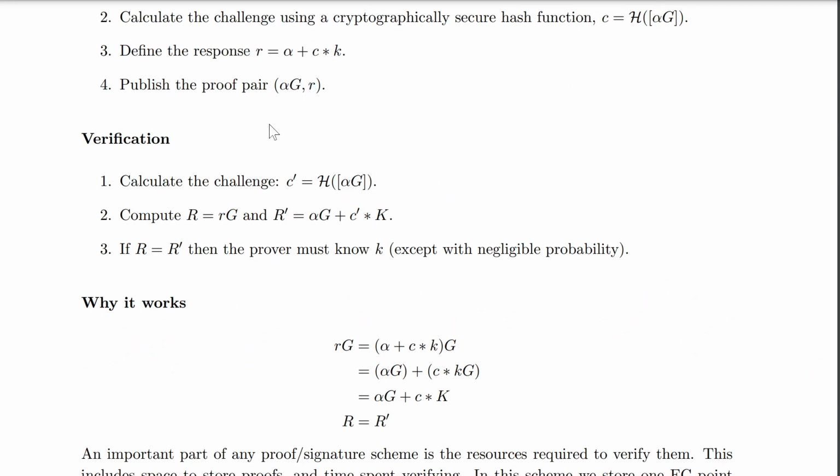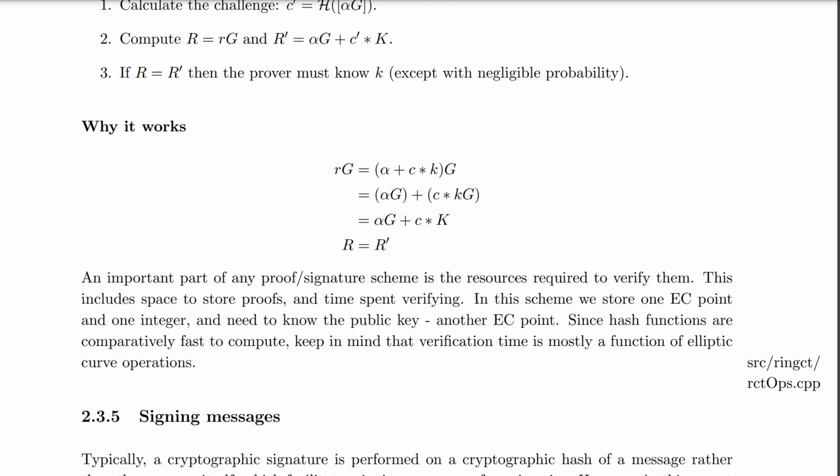So you can store those, and whoever has published their public key, which again are elliptic curve points, that's all the information to set things up for this. It's noted that since hash functions are pretty fast to compute, this verification process is mainly a function of the elliptic curve operations. Handling and manipulating the elliptic curve points is what really requires some horsepower.